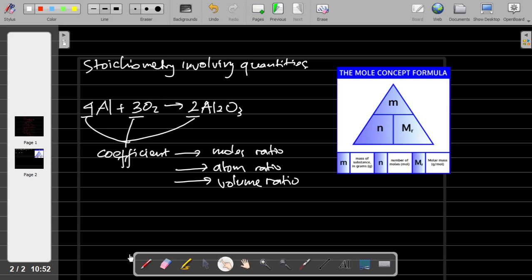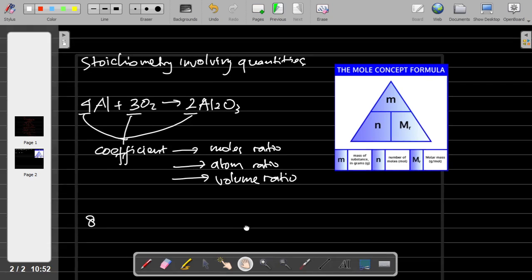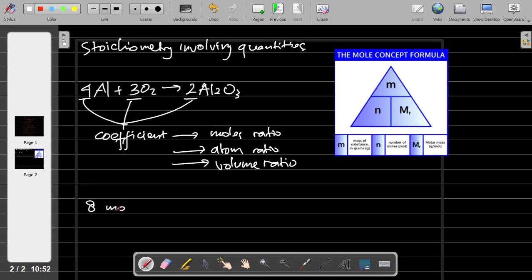Let's say I have 8 moles of Al, then I will get 4 moles of Al2O3.